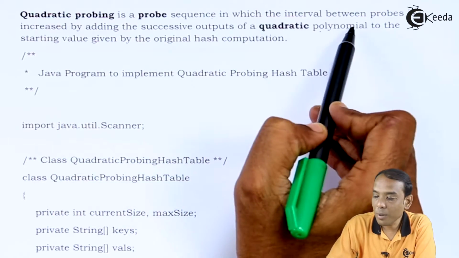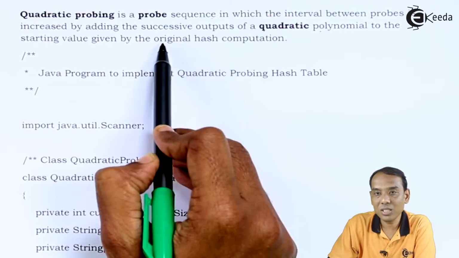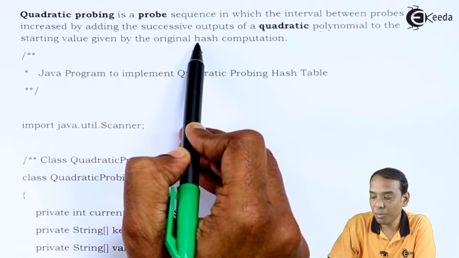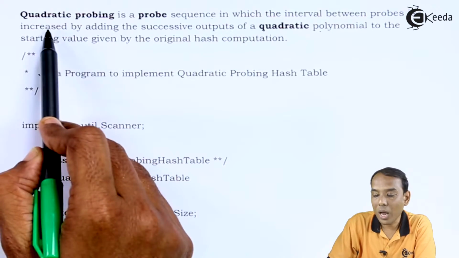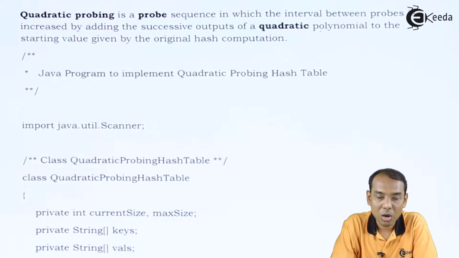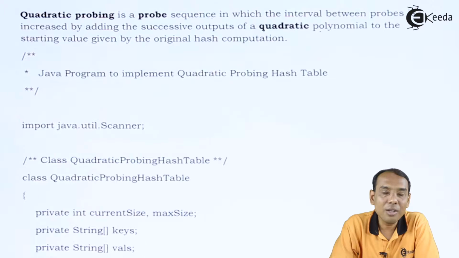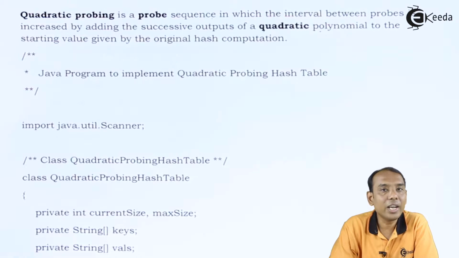We take the starting value given by the original hash computation, find the hash, take out the successive output and add it to the starting value. So the gap between values always depends upon the quadratic polynomial output, hence the name quadratic probing.